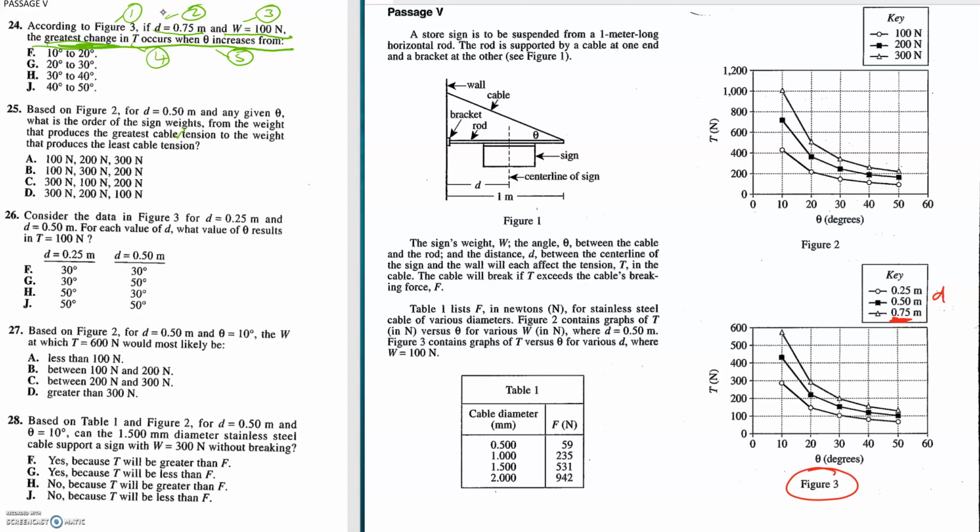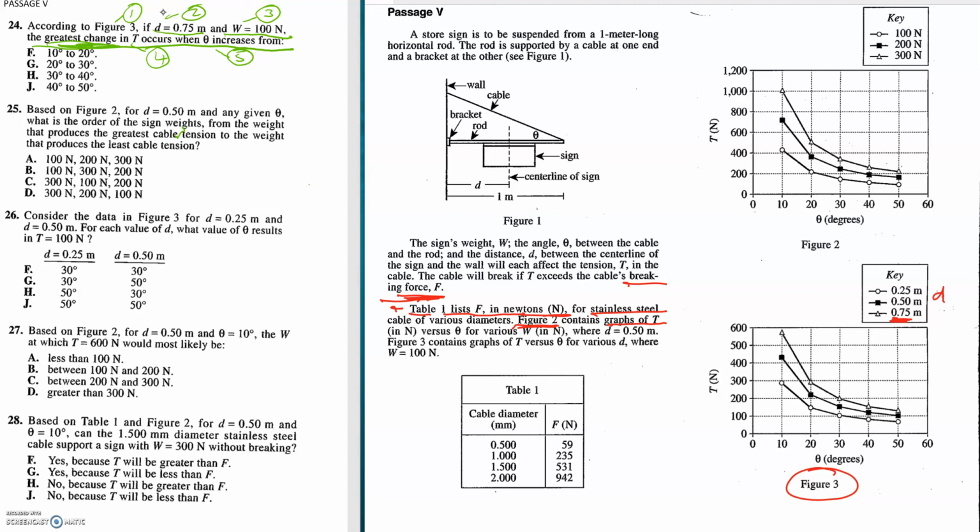So I'm going to come over to here and it starts talking about the tables here. Table 1 lists F, which is what? Is force F, the braking force. So table 1 lists that in newtons for stainless steel. Figure 2 contains graphs of T. I'm going to look up here.